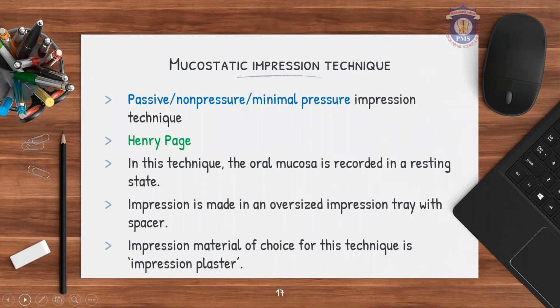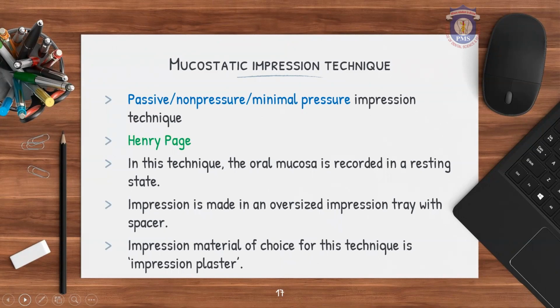Mucostatic impression technique, also known as passive, non-pressure impression technique or minimal pressure impression technique. This is based on the mucostatic theory proposed by Henry Page. In this technique, the oral mucosa is recorded in a resting state. Impression is made in an oversized impression tray with spacer.